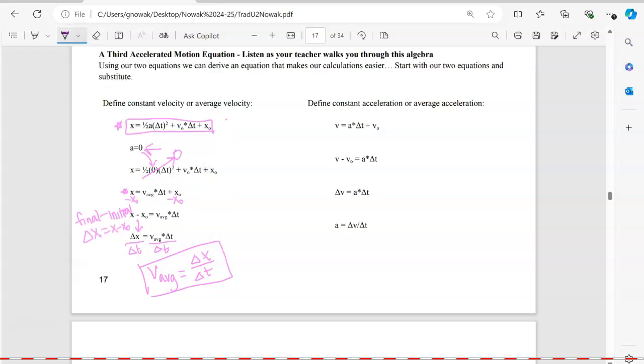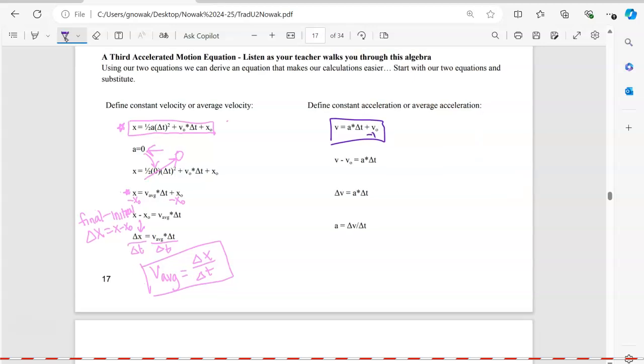To do our constant acceleration or average acceleration, we will start with our velocity versus time equation. And we will do that same step. We'll subtract our initial velocity from both sides, which will lead us to our v minus v naught equals a times delta t.